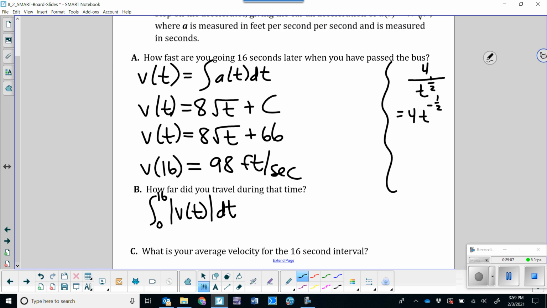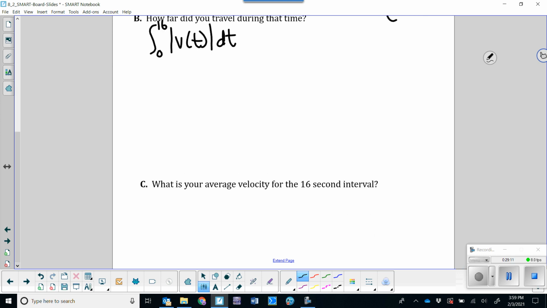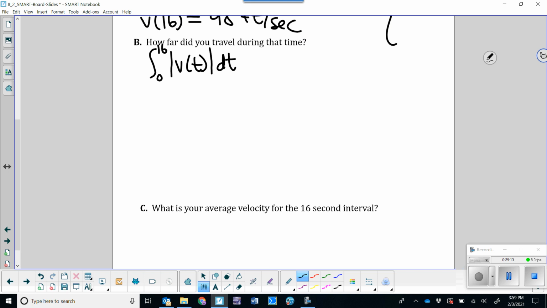Well, that's going to end up being the integral from 0 to 16 of the absolute value of the velocity equation, which was 8t to the 1/2 plus 66 dt. Well, luckily this is always positive, right?